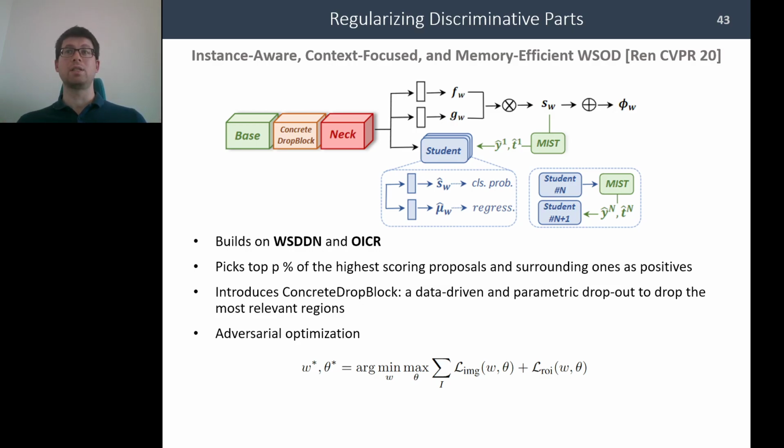The idea here is to pose an adversarial game. The concrete drop block parameters, shown with theta here, are optimized to confuse the image classifier by dropping the most discriminative parts, and this pushes the object detector. The loss function is shown with L ROI.